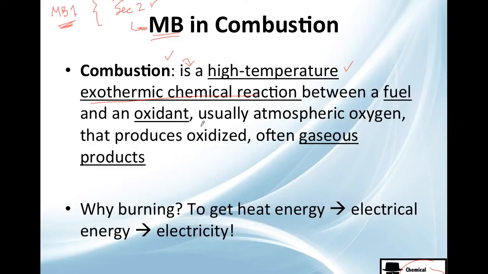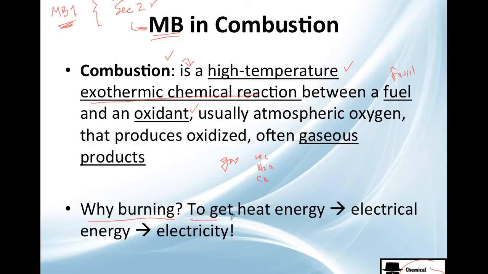We need a fuel and an oxidant, usually atmospheric oxygen. And this fuel will be usually fossil fuel. And the product is often gaseous product. I mean gas, CO2, water vapor, CO, etc. And the most interesting question will be, why do we need to burn?